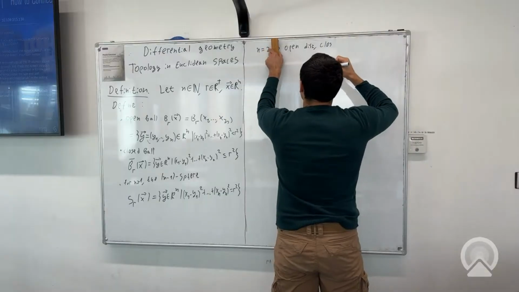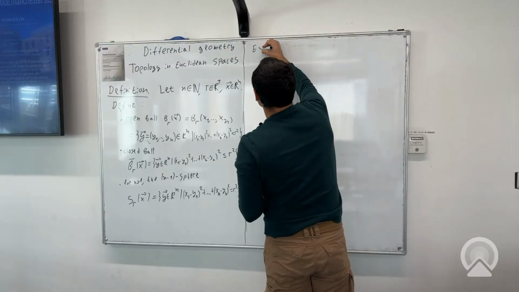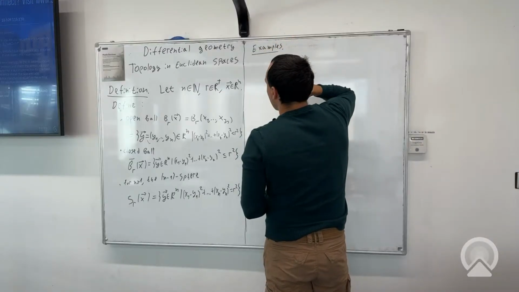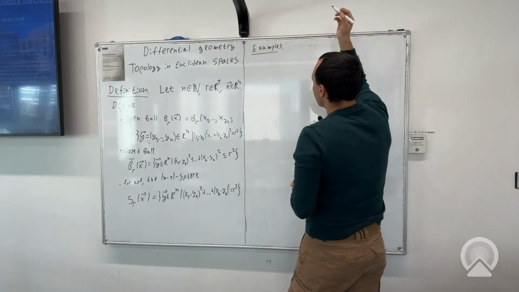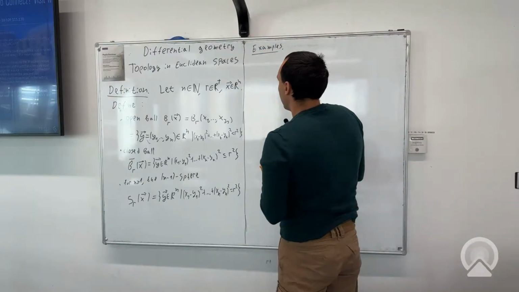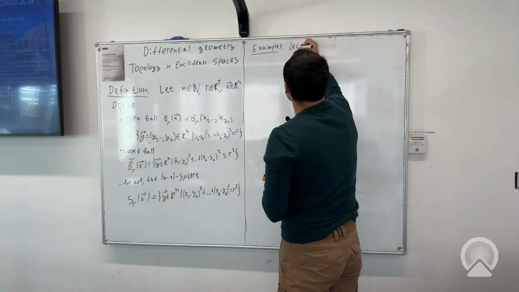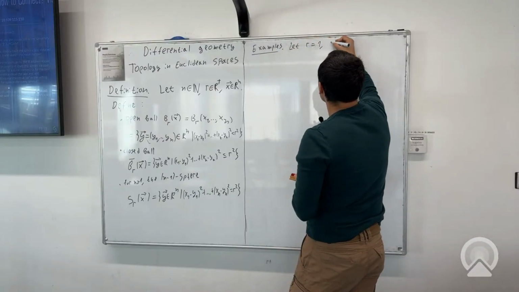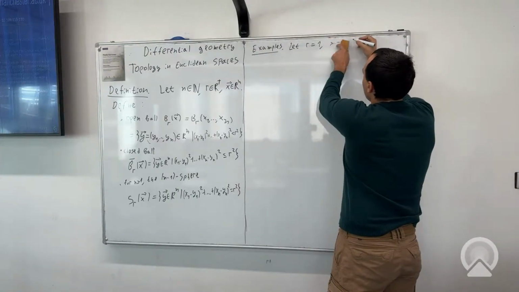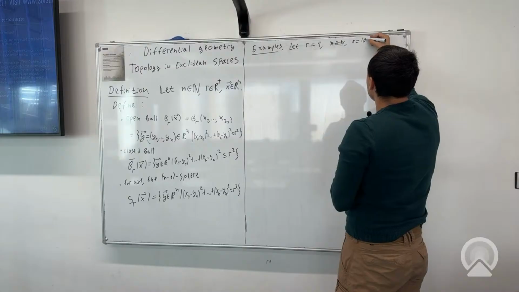Okay, let's start with n equals 1. So examples. Let's fix r to be, that doesn't matter, let r equal 1, and x is the 0 point.